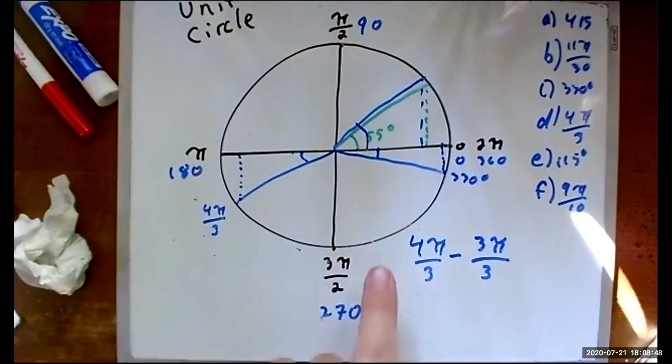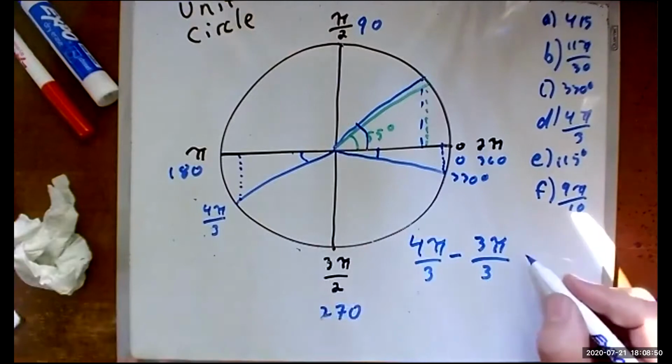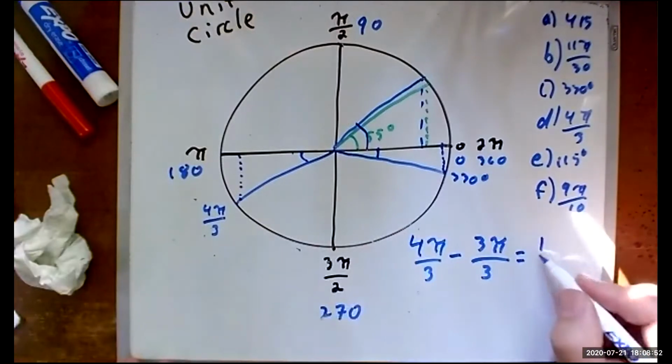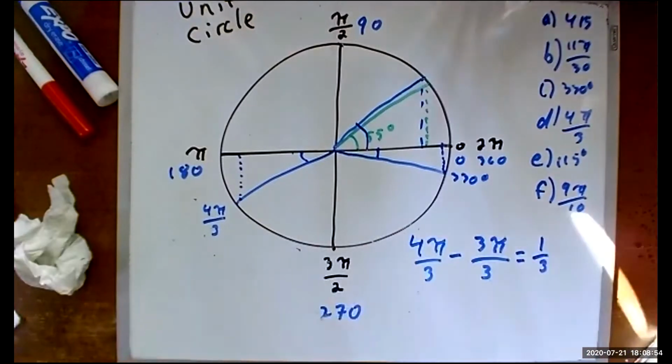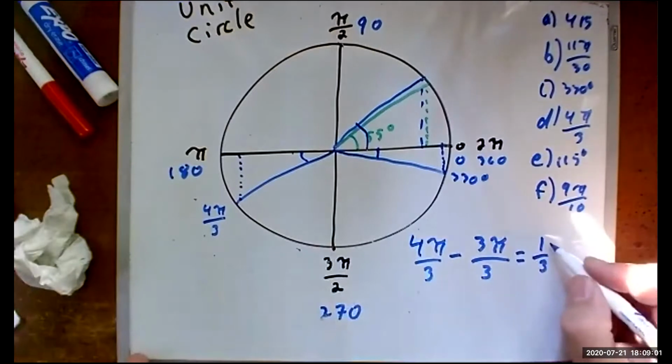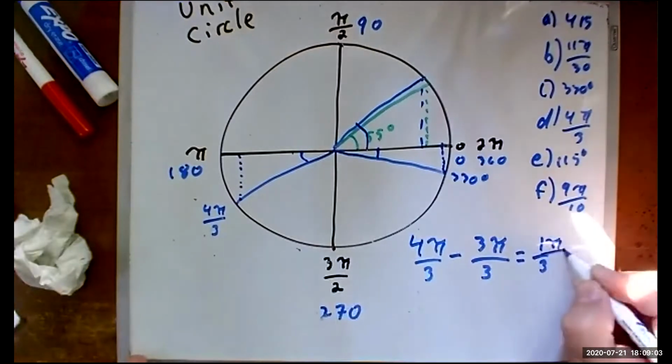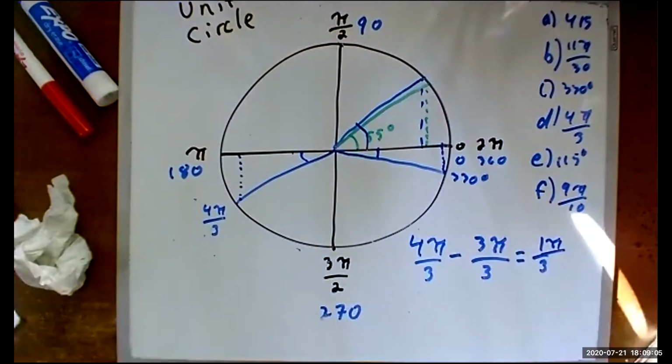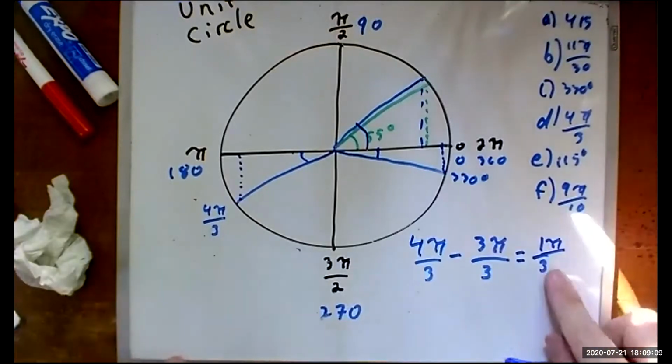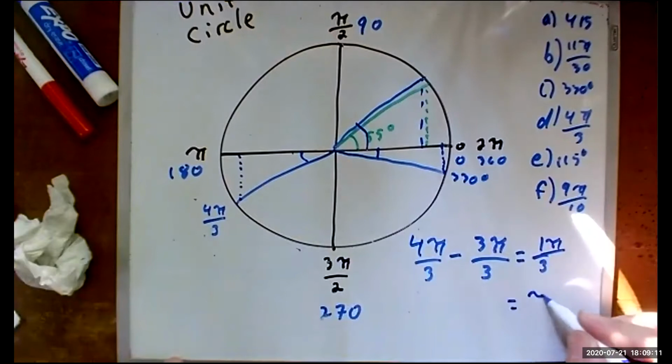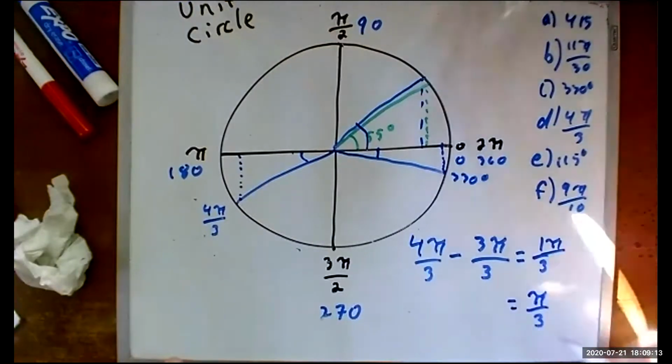So I'm going to go 4 pi over 3 minus 3 pi over 3. That should just leave me with 1 pi over 3. The pi's don't cancel. I have 1 pi over 3, which is also to say just simply pi over 3.